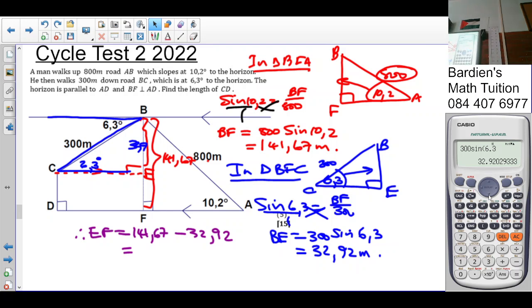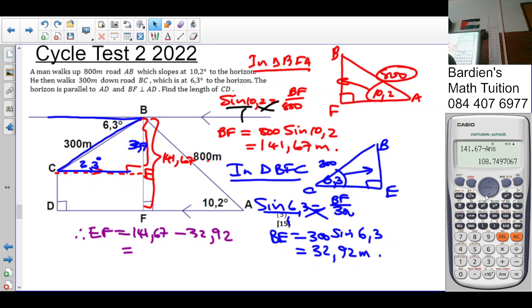Okay, let's just check the memo. You got full marks. What did you get? Did you get 141.67? Yes. So that's 141. What's the final answer? 141.67 minus 32.92.